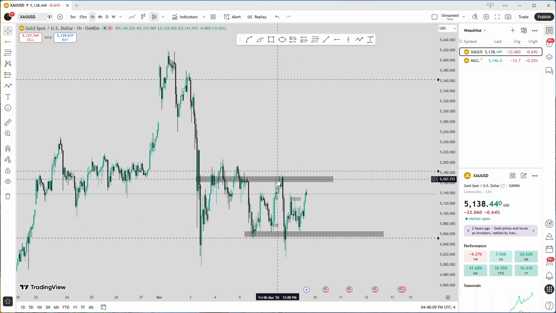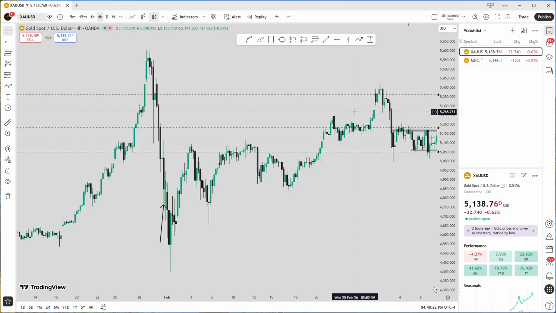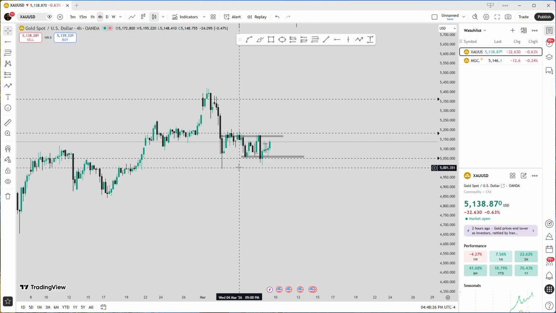Why? That's the last high. That's the last low. So anything between this, I'm not gonna trade. That's just building into the higher time frame here.